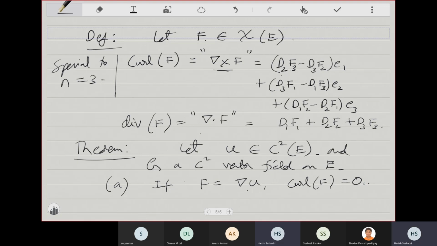All this stuff will be familiar to you. The proof is the more interesting part, not the statement. The statements are just the usual standard stuff. This is one thing. The other thing is that, if F is equal to the curl of... no, not quite this.